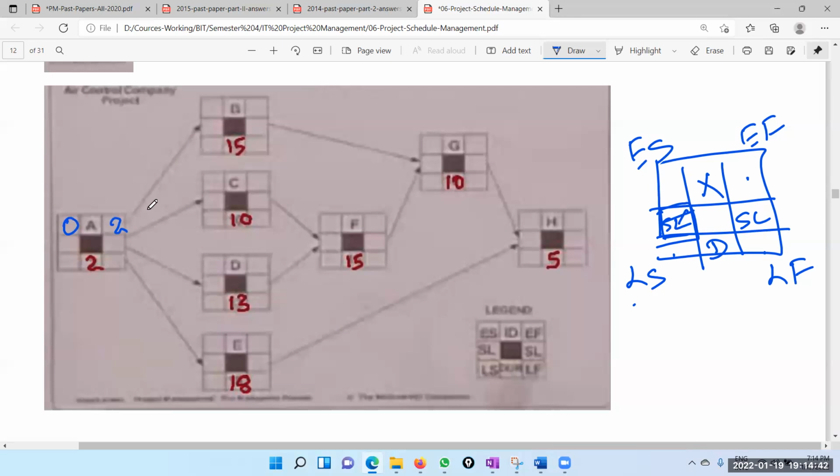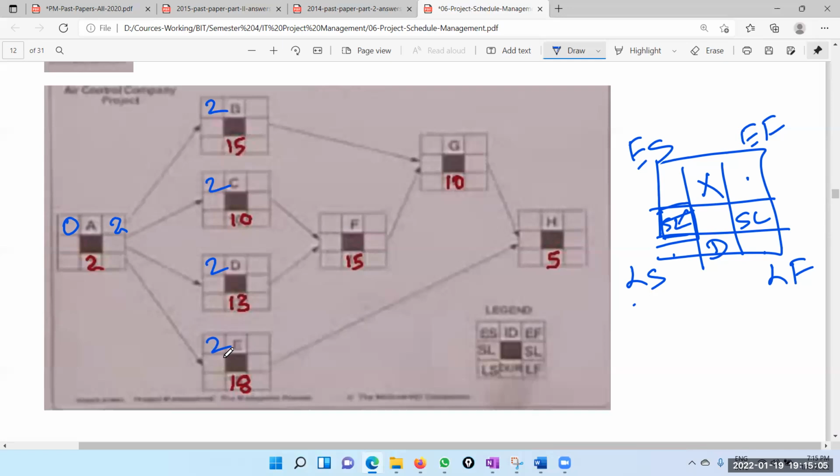If you have any doubts, you have to ask. Okay. So this is a really complicated topic. Right. So now these tasks depend on A. The earliest A can be finished is 2. Therefore, the earliest B can start, C can start, D can start, and E can start is the second day.